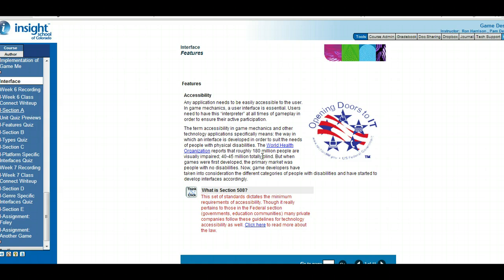And of course, there are probably even more than that who have auditory impairment. So wouldn't it be nice, those people, they're part of the gaming market too, right? So game companies try to think about some of these disabilities and build some of the accessibility into their games.